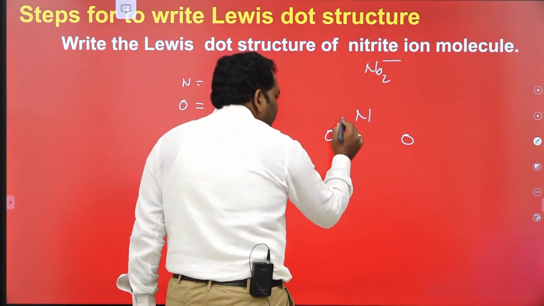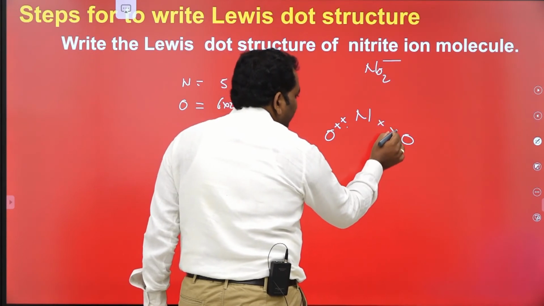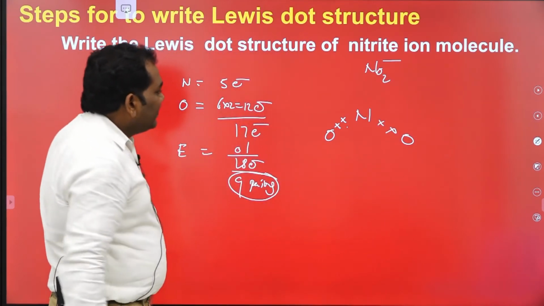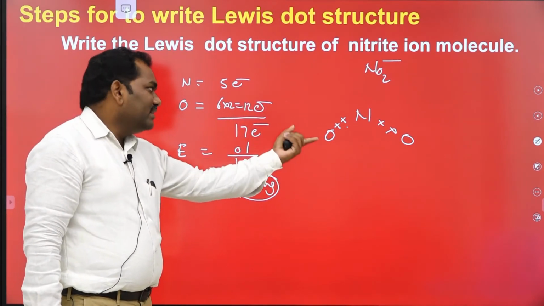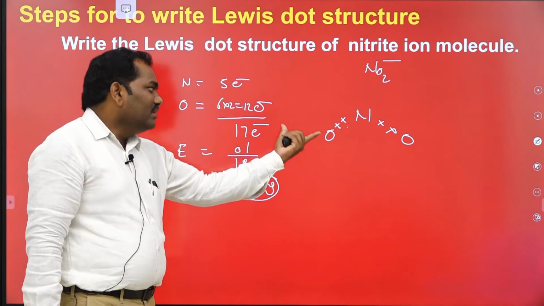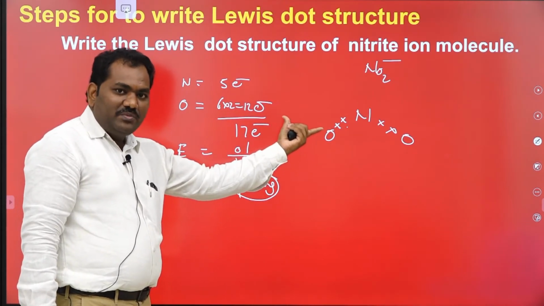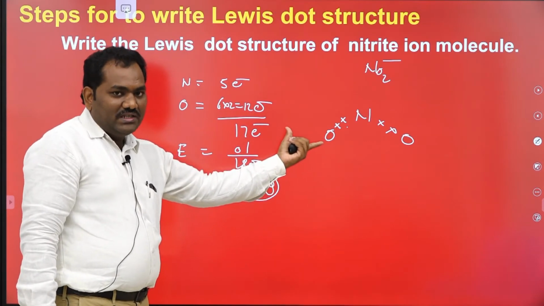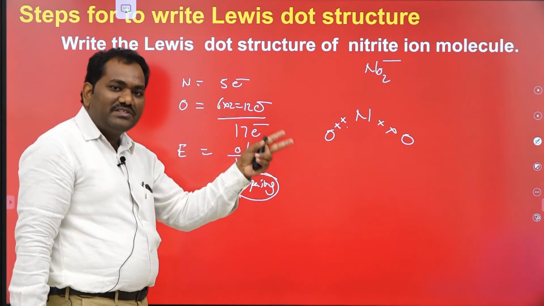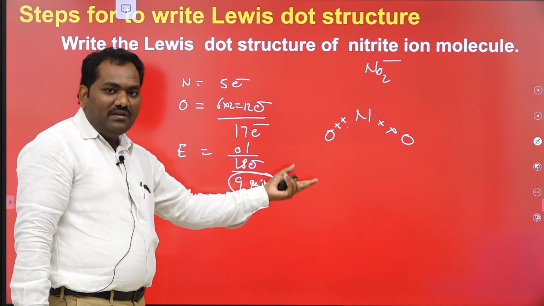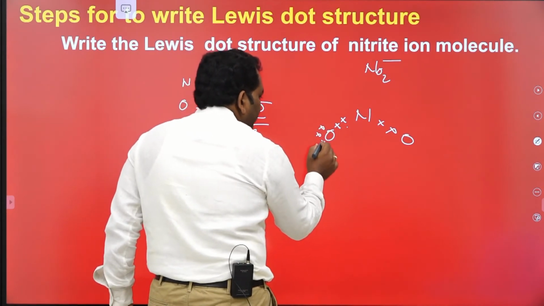The remaining pairs are distributed to the atoms based on their electronegativity. Among these 3 atoms, oxygen has more electronegativity, so first I distribute the electrons to the oxygen atoms. Of the 9 pairs, we already distributed 2 pairs, and the remaining 7 pairs are distributed to the oxygen atoms.